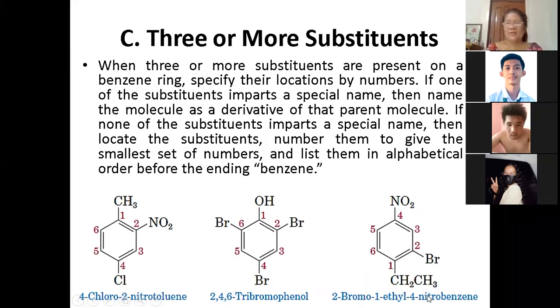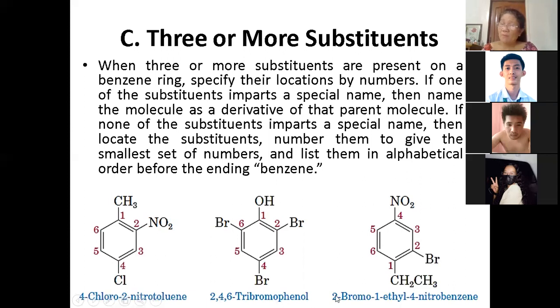So you have nitrobenzene. Then there is 1, 2, 3. There are 3 bromo, then ethyl, 4-ethyl. So 4-ethyl nitrobenzene. But if ethylbenzene is what you use, that is carbon 1, 2, 3, 4.